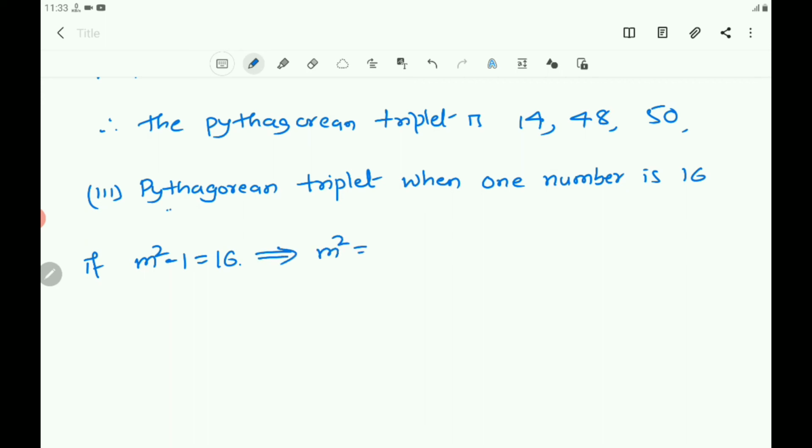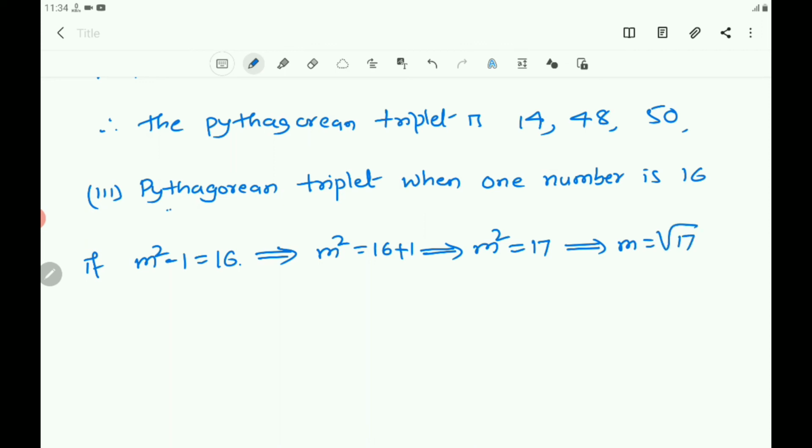m square equals 16 minus 1, you transfer to the RHS. So it is m square equals 16 plus 1. That implies m square equals 17. That implies m equals root 17.